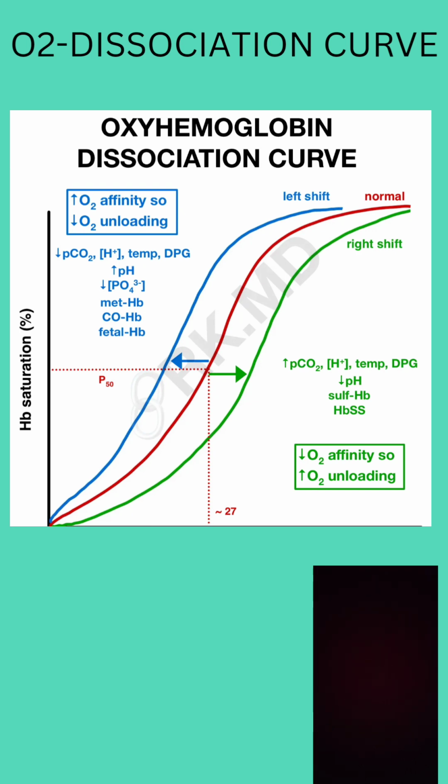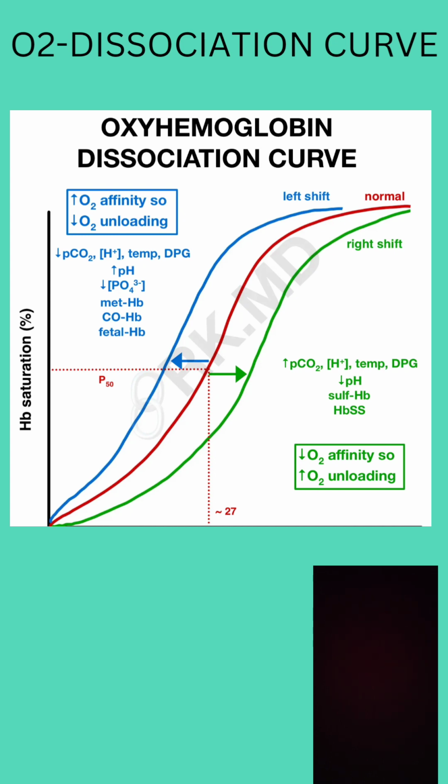Let's learn a little about cooperative binding. At the partial pressure of 26 mm of mercury, hemoglobin is 50% saturated with oxygen. This pressure of 26 mm of mercury is known as P50. At 40 mm of mercury, it is 75% saturated, and at 60 mm of mercury, it is 90% saturated.